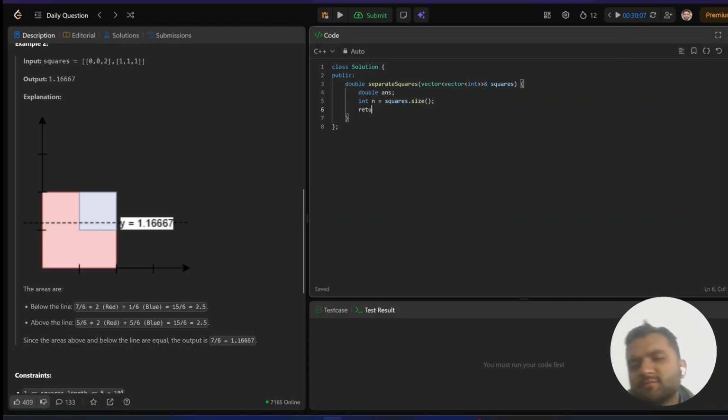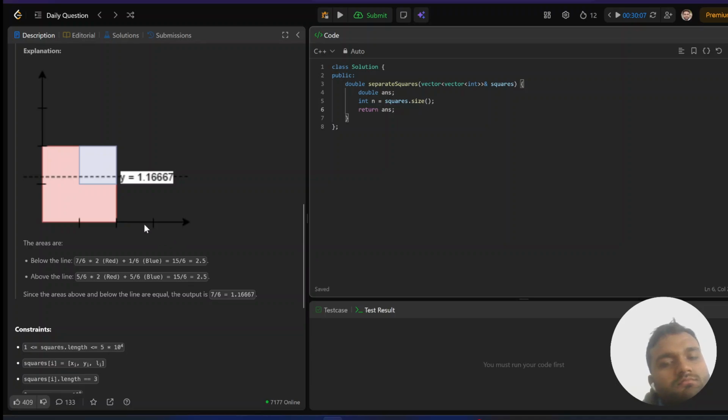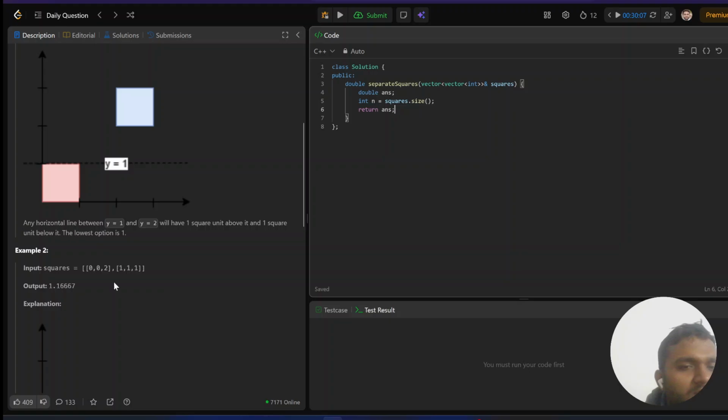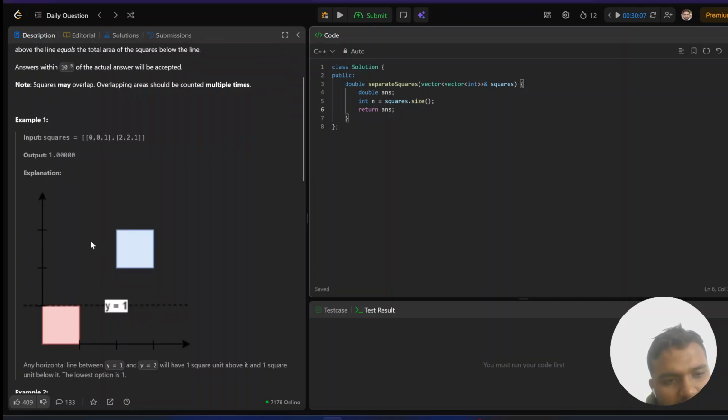We can have multiple squares, overlapping and other things. If I have multiple inputs, big and small, there will be a line which divides all the area into two equal parts.